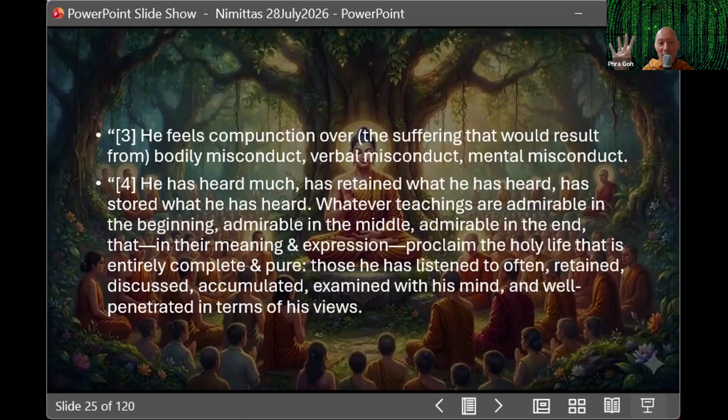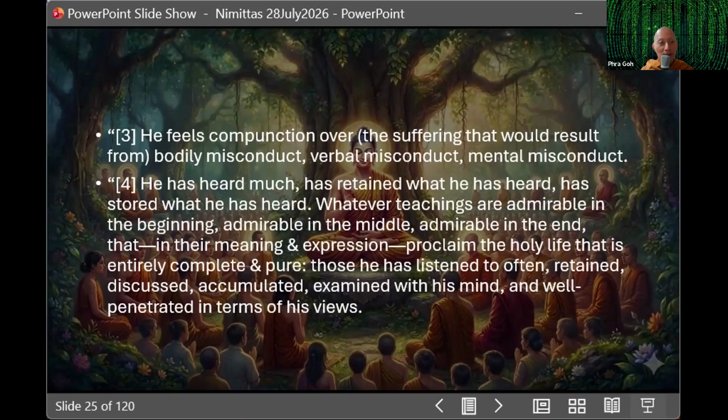Mental misconduct would be thoughts of greed, anger, and delusion. So in total, we call these the 10 demeritorious deeds. It's very similar to the Noble Eightfold Path. These are things that we should try to curb or overcome.